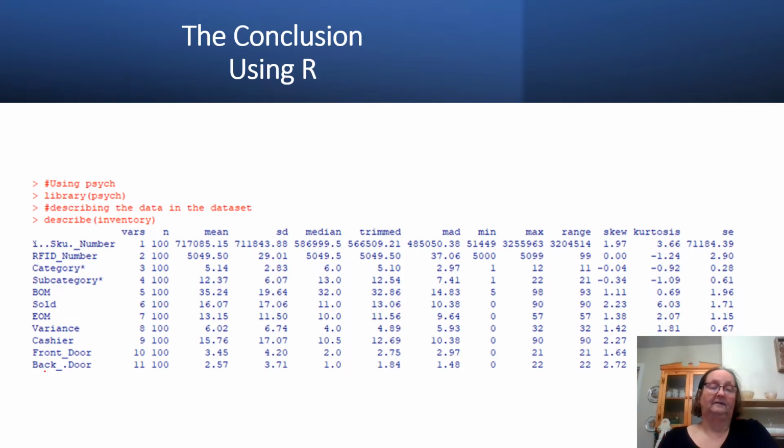If you look at the sold, it shows that the mean for this month was 16.07, and at the end of the month, the mean was 13.15, with the variance mean being 6.02. And if you also look at the front door, you can see that of that mean, 3.45 product went through the front door without being purchased, and then the back door is 2.57 of that.